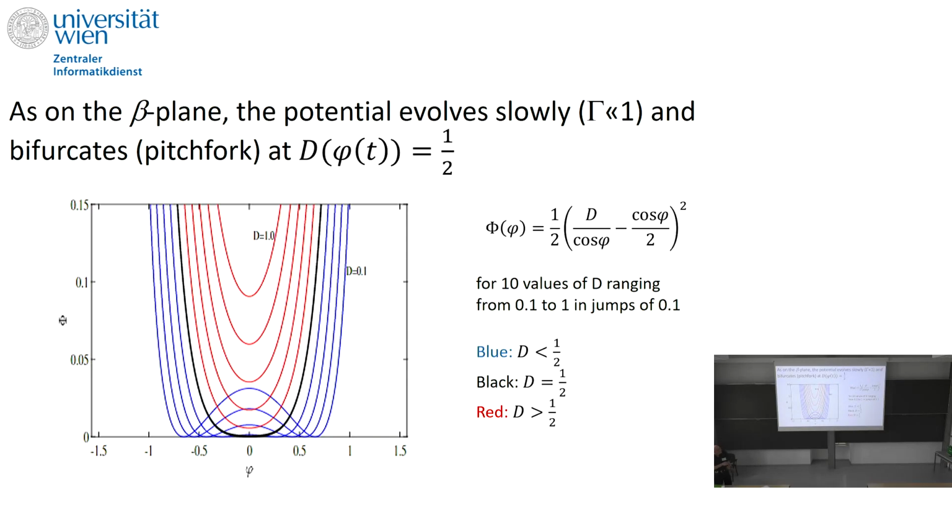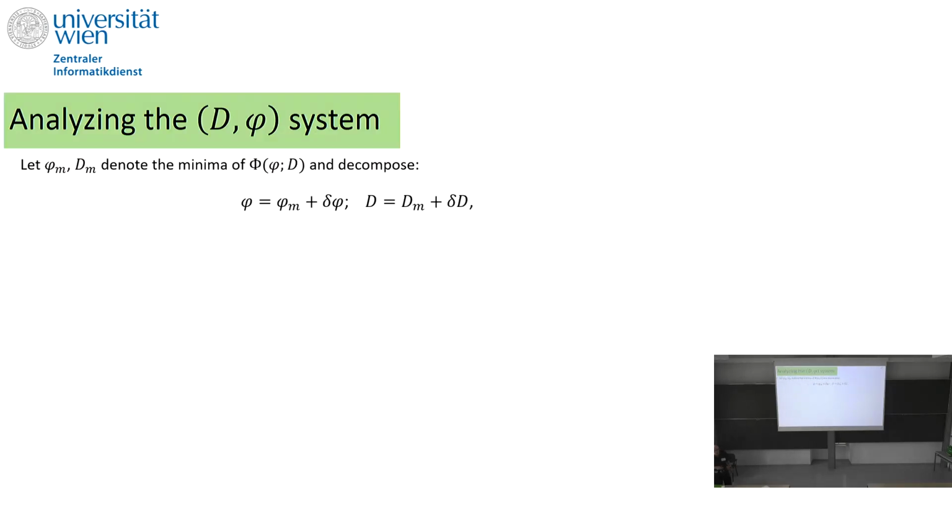And this is the form of the potential, very similar to what we had before. To analyze it, I'll just do a quick run. We see the motion of the minima of the potential with the mean value of the angular momentum and its linear displacement.